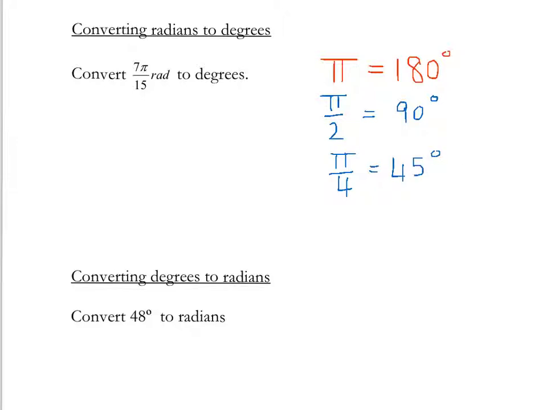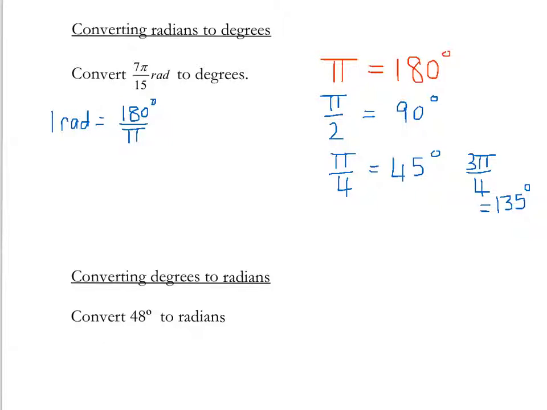And say we had 3 pi by 4. Well, that would just be taking 45 degrees and multiplying it by 3 to give you the answer in degrees, so that would be equal to 135 degrees. We already know that 1 radian, or 1 rad, is equal to 180 degrees over pi.